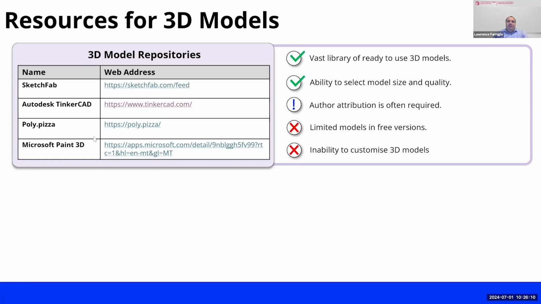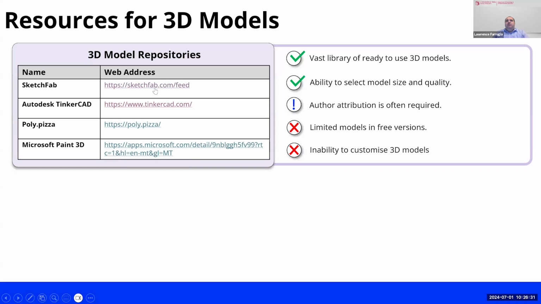And essentially, it is an application which has a built-in library of 3D models, which are quite good. And I will be showcasing some of these. So the first three are websites. The last one is not a website. And the link that I have here is, in fact, a link to the Microsoft Store.